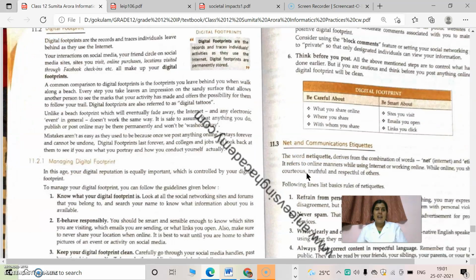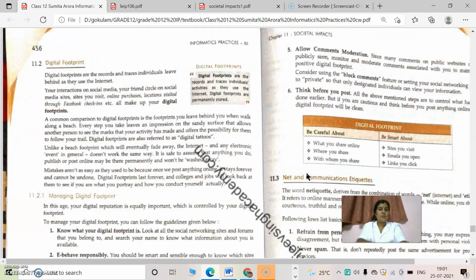So first we have to know what a digital footprint is. You all know what a footprint is. When we are walking on the seaside, our feet leave marks, and when someone follows us, he can see our footprints. The same concept applies to digital footprints.